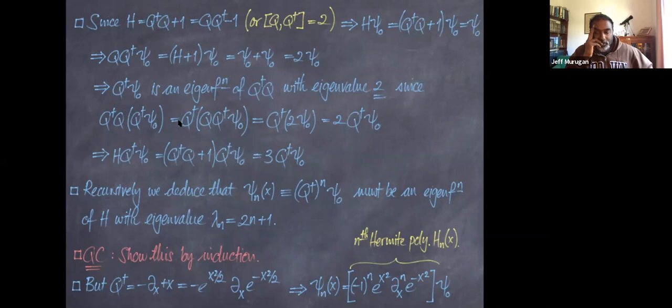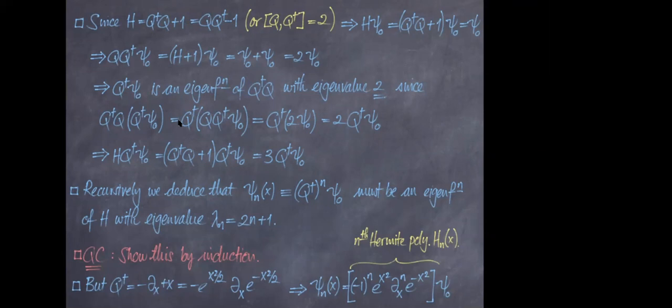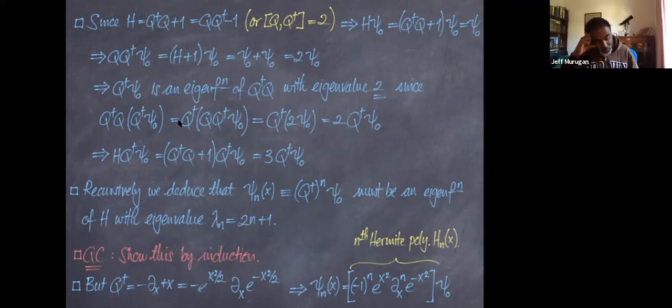Good. All right, so what is the implication of this statement? Well, if I take Q dagger psi naught and act with H on it, H is Q dagger Q plus 1, as we decided previously, acting on Q dagger psi naught. So that's Q dagger Q on Q dagger psi naught, which was equal to 2 Q dagger psi naught.